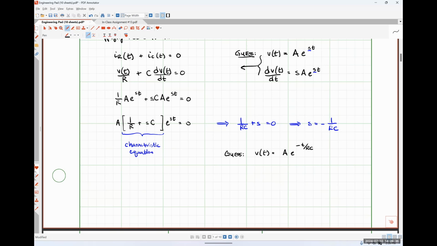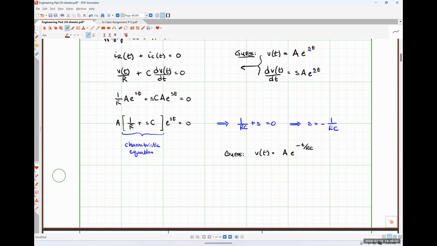And we know that it is indeed a decay because it's negative. Now we need to figure out what's going on with A. And so this is where we're going to have to bring our capacitor relationship back in, right? So v of t here is a mathematical model for the voltage drop across a capacitor. And we know that the voltage drop across a capacitor cannot change abruptly.